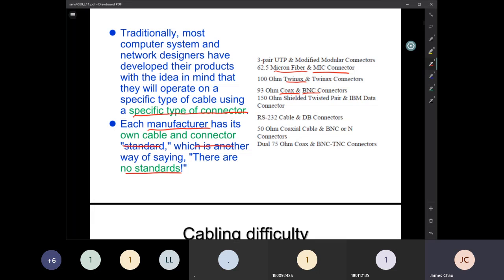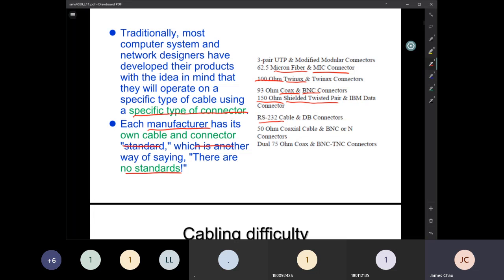Okay, and you have STP, shielded twisted pair cables, which may be used in computers. Okay, and it specifies the impedance for the cables. And we have the RS232 cable, which is used in the serial connection between the computer and other devices.